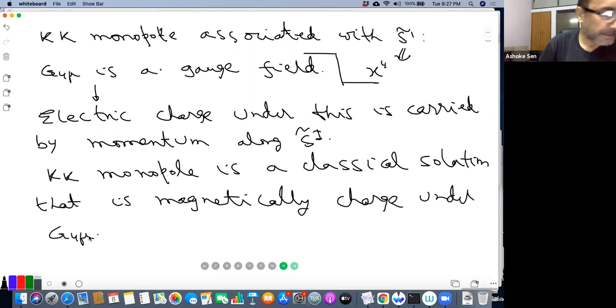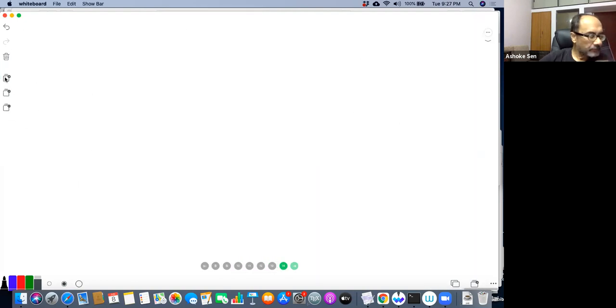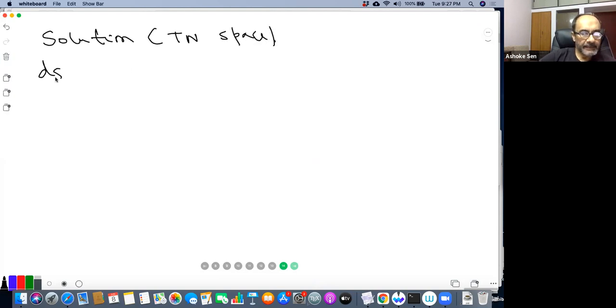Okay, that's what a KK monopole is. This is also called the Taub-NUT space. I'm going to write down the metric in the next slide, but physically that's what a KK monopole is. It's an object that carries magnetic charge under G4. Sometimes we refer to this solution as KK monopole or sometimes as Taub-NUT space. So here it is. R0 is just a constant.